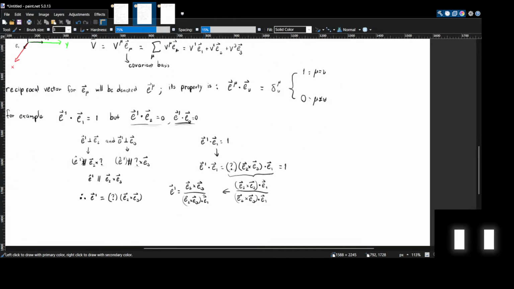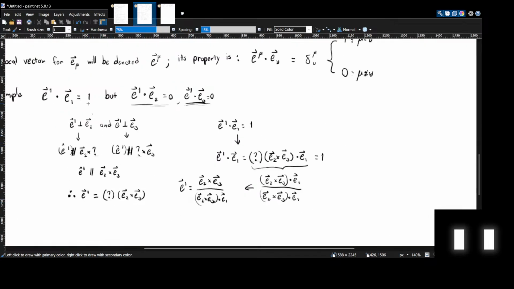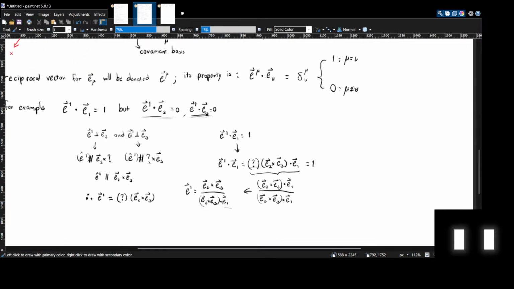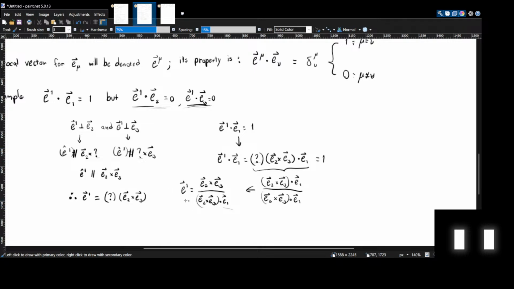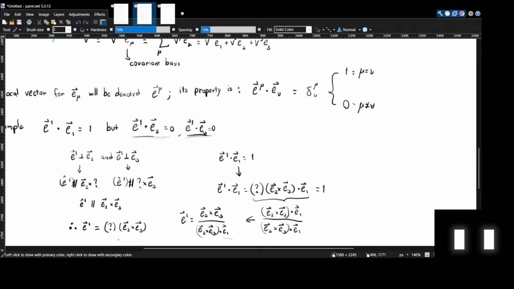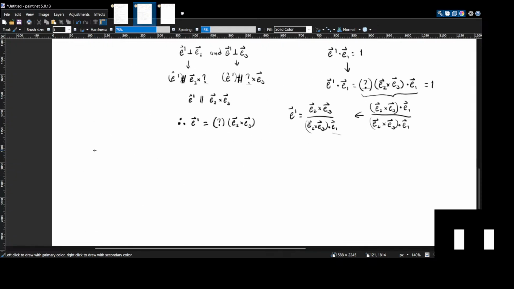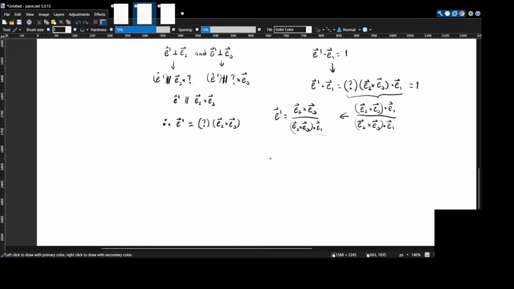And now we have successfully found the reciprocal vector for E1. All right, does that make sense? If you plug E1 in here and then try it out, you will realize that this will indeed satisfy the condition of the Kronecker delta.